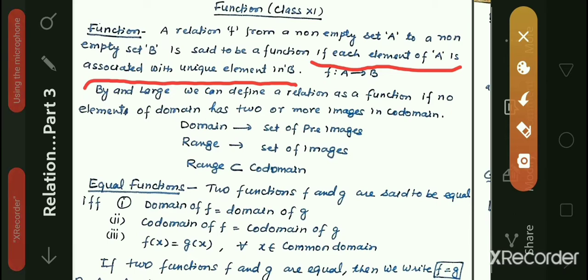If each element of A is associated with a unique element in B, it means each element of A has a unique image in B.